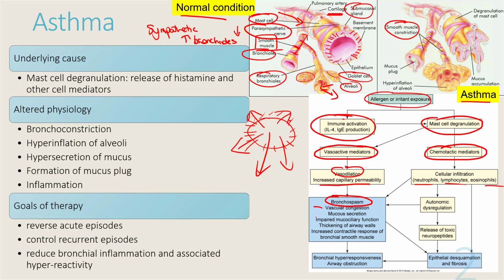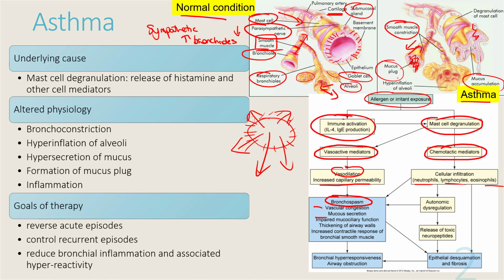Other things that happen is that the goblet cells and the submucosal cells become hyperactive, and so you can have mucus accumulating and mucus actually forming a plug. And when mucus forms a plug, that means that there's limited air going in and out of the bronchioles into the alveoli.